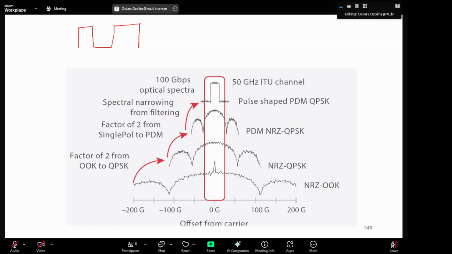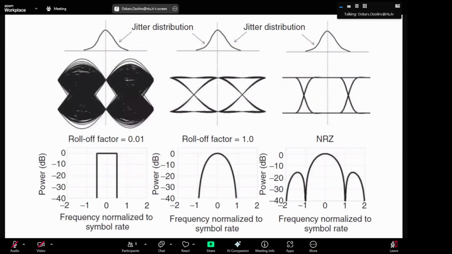Sorry, it takes a little time. Right here, for example, your non-return to zero, this is how it looks in spectrum, and this is more rectangular in time domain. But if you use a roll-off factor of 0.01 for root raised cosine, your time domain signal looks something like this, but your optical spectrum is more square-like.